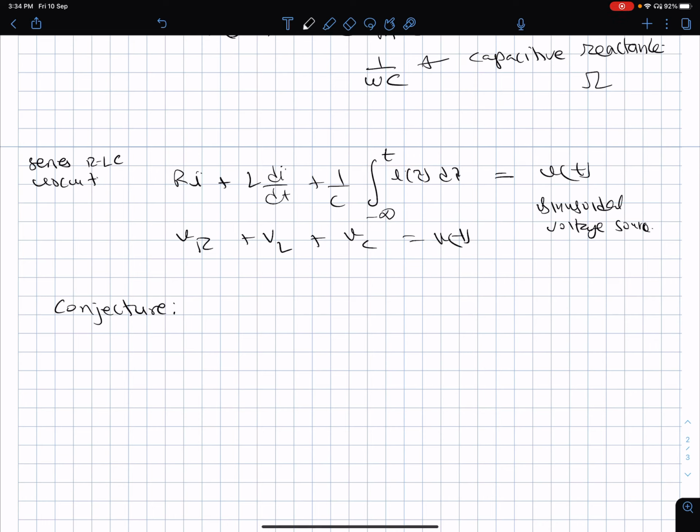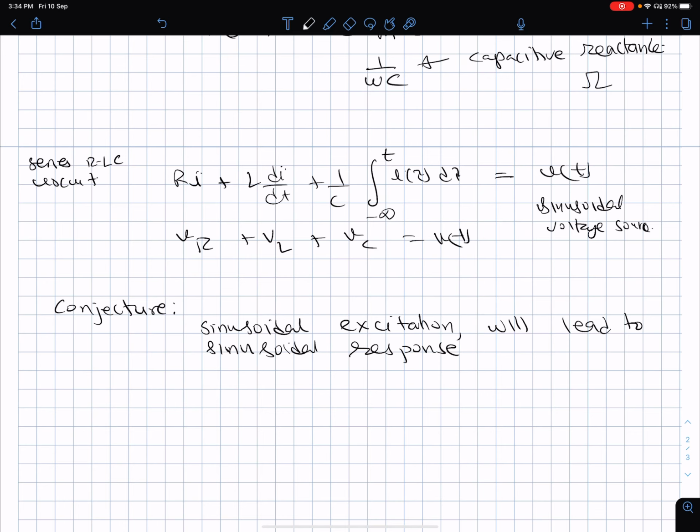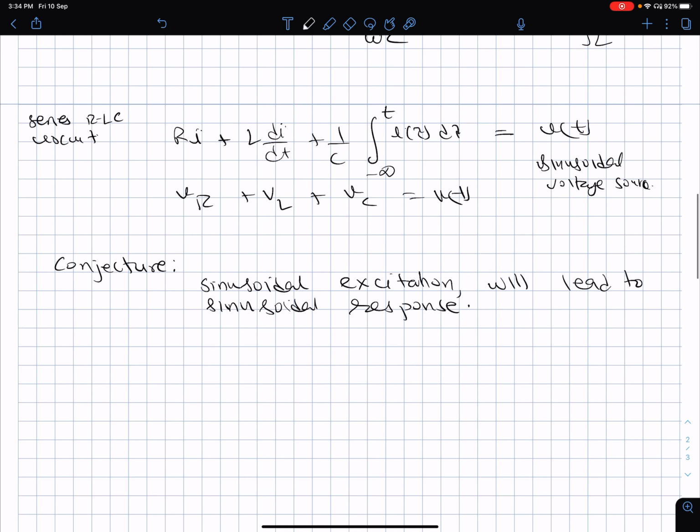I want to conjecture that sinusoidal excitation will lead to sinusoidal response. Okay, let's understand this more clearly.